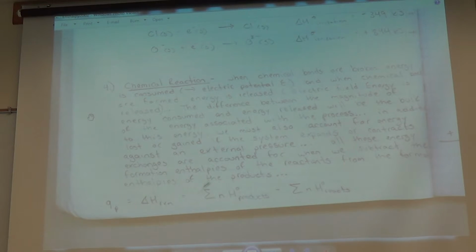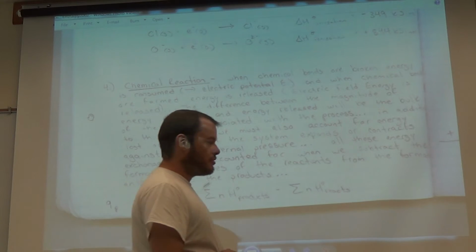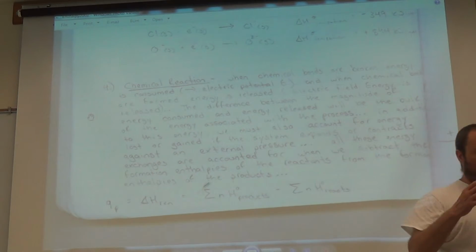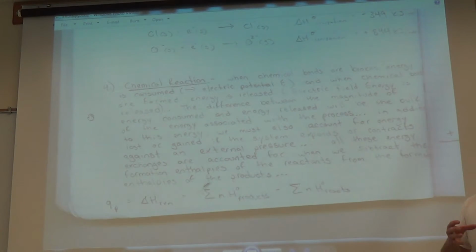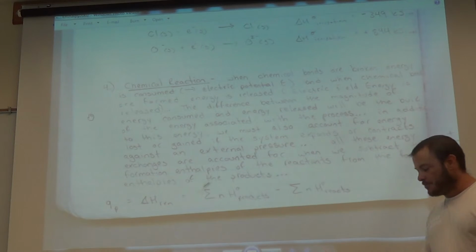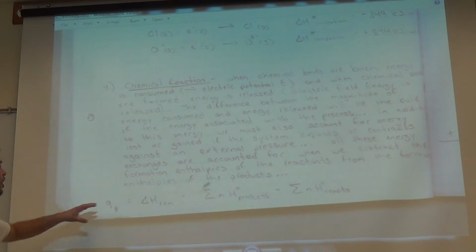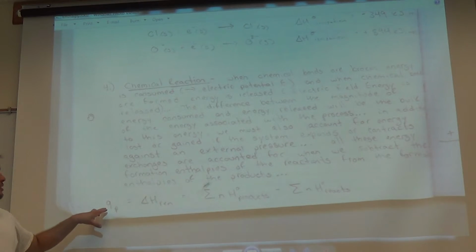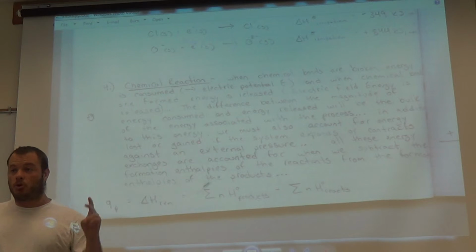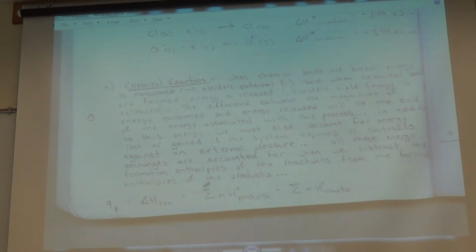All of these enthalpies are just a result of electronic interactions, either between two molecules or between one atom and an electron and another atom and an electron. And then whatever that expansion and contraction work is.